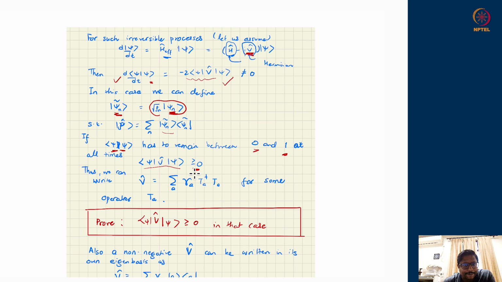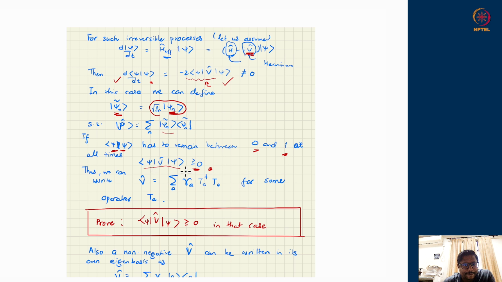Therefore, in any dissipative process in which probability is leaking out into other particles, this should at least be true: whatever is controlling its non-unitary part should be a positive semi-definite operator. That means its expectation value for any state ψ should always be either 0 or a positive number. It can never become a negative number. Otherwise, probabilities will grow beyond 1. That is not supposed to happen. So this is a very essential requirement, that the dissipation dynamics, the V term, should be positive semi-definite.